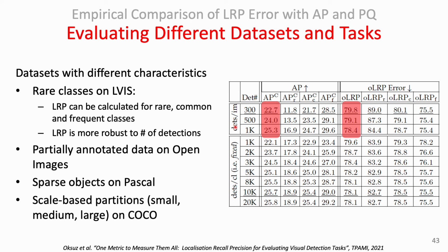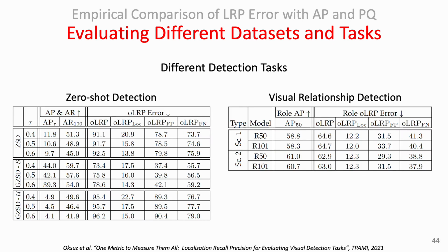And we have more results on Open Images, Pascal and COCO datasets on different types of object categories. If you look at a different detection task, for example, visual relationship detection or zero-shot detection, we see that LRP is providing more insights than average precision in all these problems.